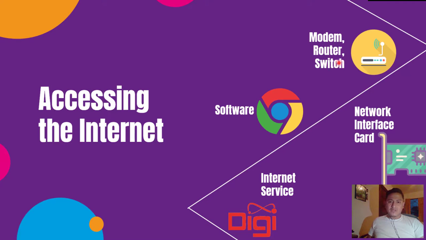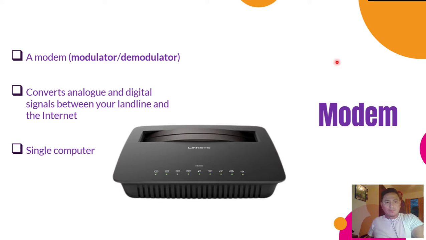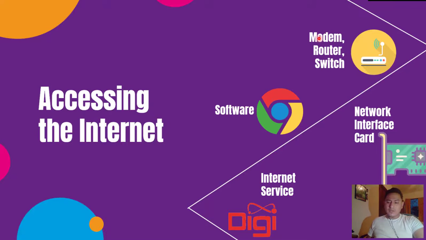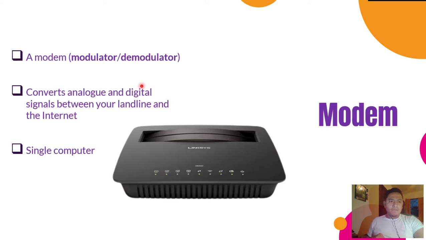Let's look at the first component required for accessing the internet: the modem. The modem stands for modulator/demodulator, and it is provided by your ISP, your internet service provider, which is a company that provides you with access to the internet.